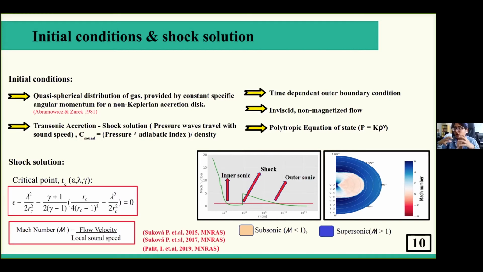Thus, in the hot, puffed up, geometrically thick structure, hot gas pressure and the centrifugal force together balance the gravitational force. This slows down the fall and the flow becomes subsonic, the pinkish one. And after a while, gravity dominates again and the matter enters the black hole supersonically. So the left figure is an equatorial slice showing the three critical points in the flow.